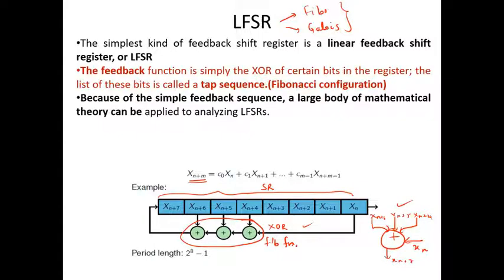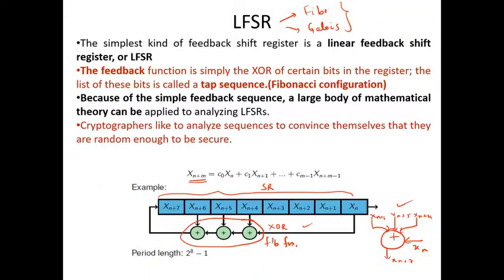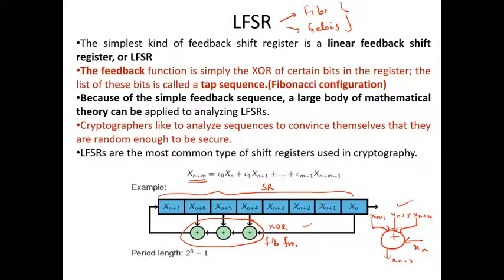Because of the simple feedback sequence, a large body of mathematical theory can be applied to LFSRs, and cryptographers surely like to analyze sequences and convince themselves that the randomness is sufficient to be secure.